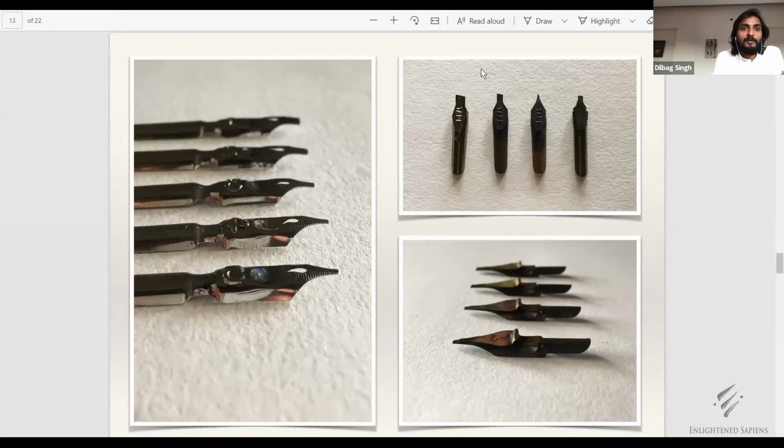You can see 4 mm, 2 mm and 0.5 mm, so they come in various widths. Below in the right corner, you can see the speedball calligraphy nibs. And on the left hand side, these are manuscript nibs with various broad edges.